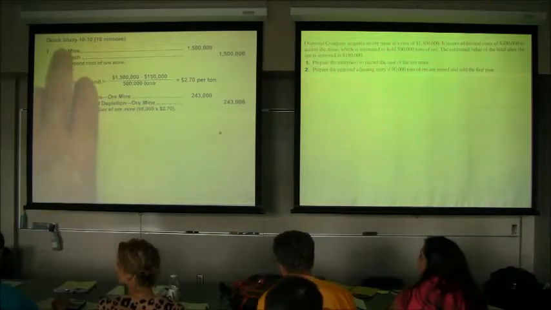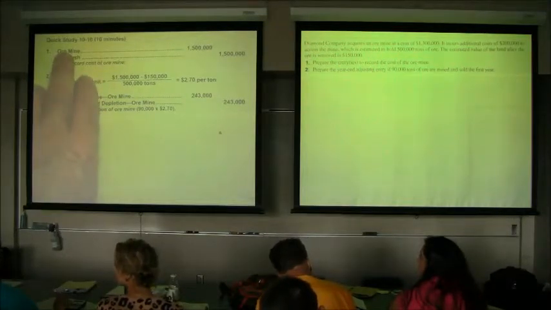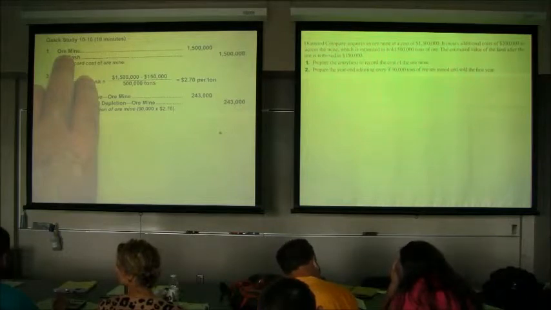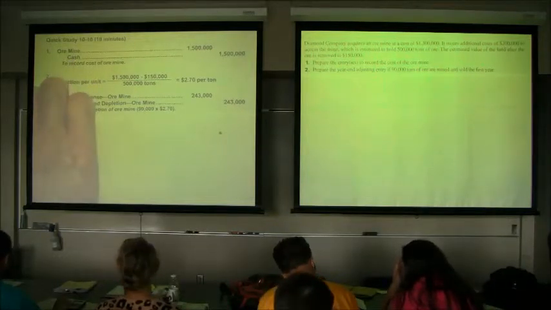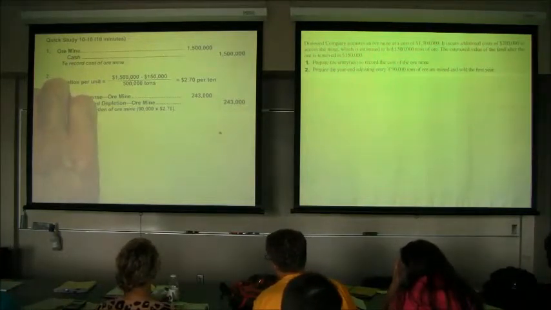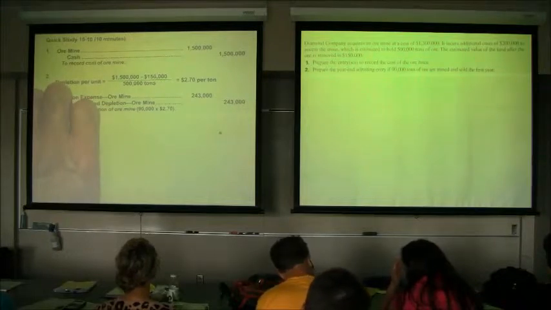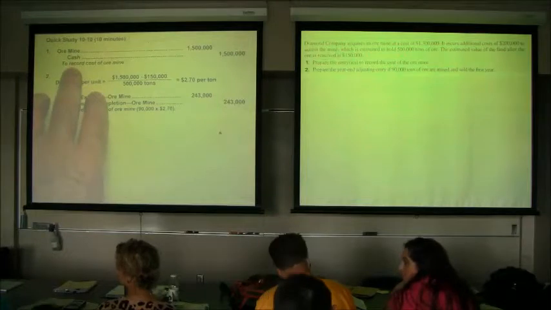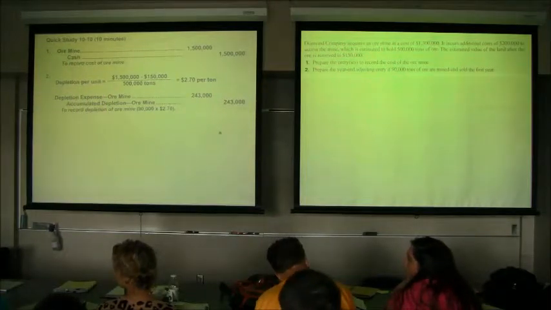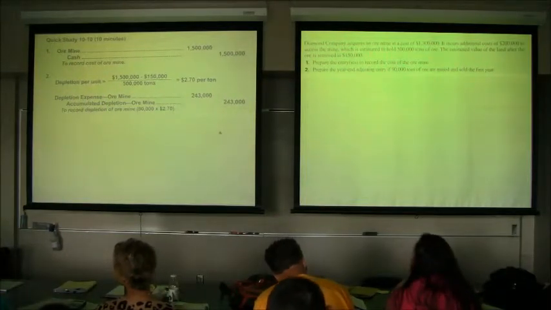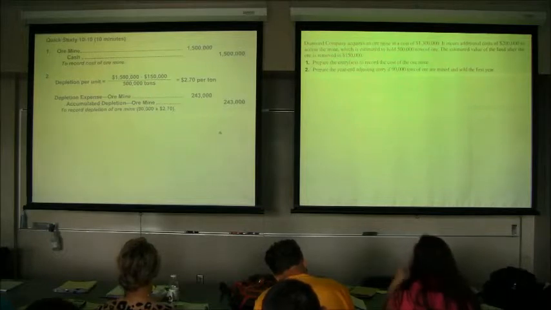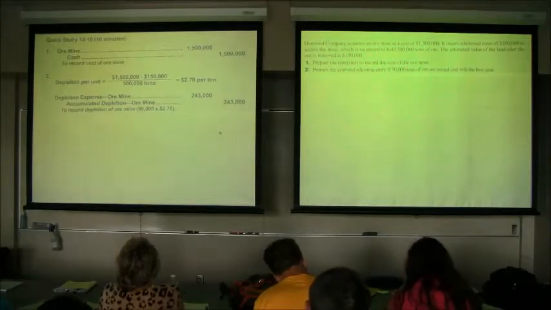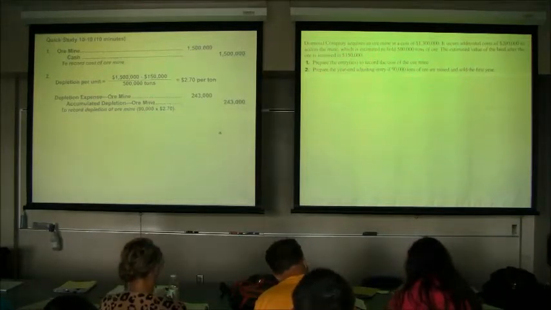But in both cases, the asset ore mine would have been debited. Do you have to journalize them together, or could you do them separately? You could do them separately, probably because chances are it happened on different dates. But the important thing is that the debit in each case would be the asset, ore mine.